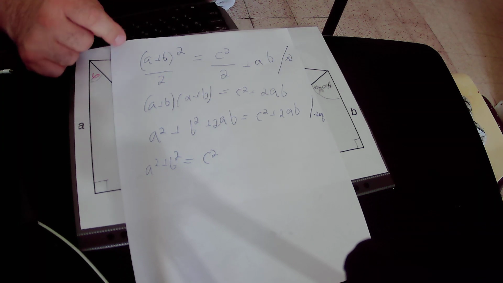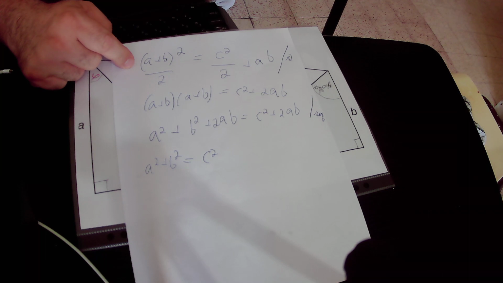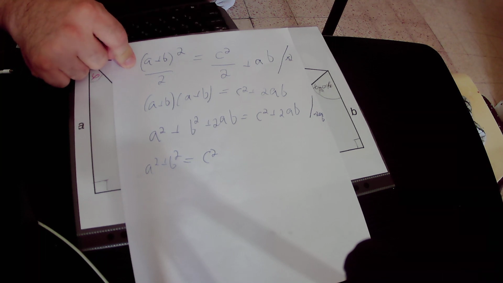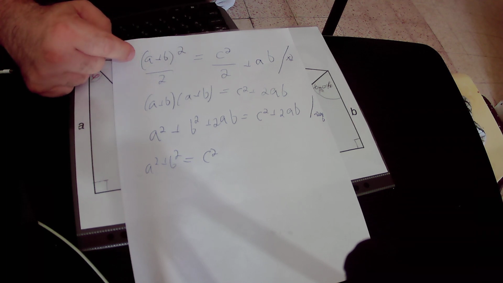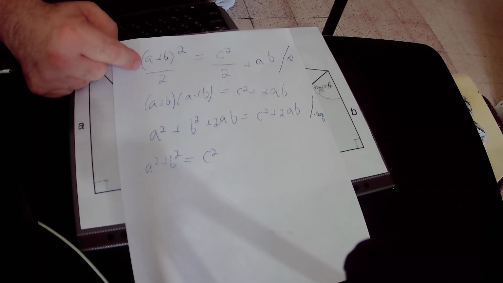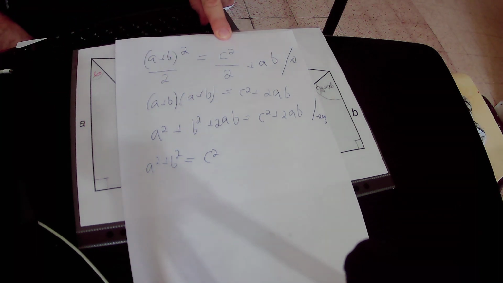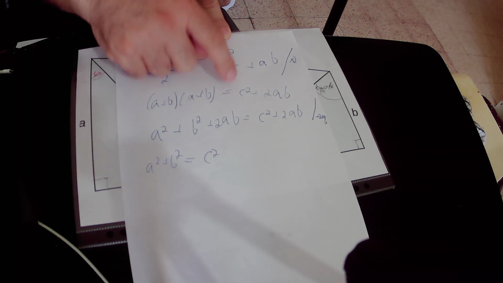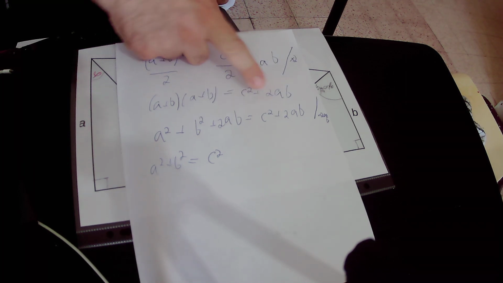Then we can multiply this equation by 2. So A plus B squared divided by 2 times 2 is A plus B squared, and A plus B squared is equal to A plus B times A plus B, and C squared divided by 2 times 2 is C squared, and AB times 2 equals 2AB.